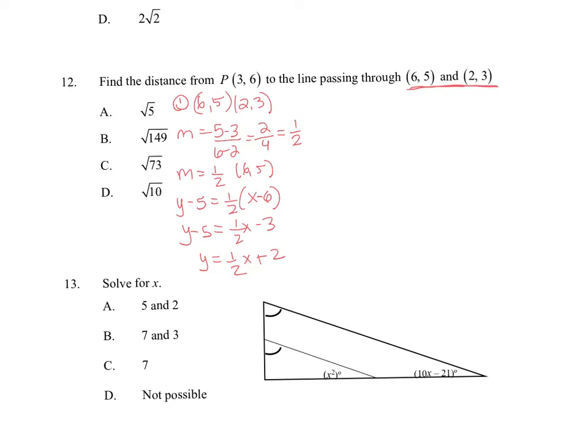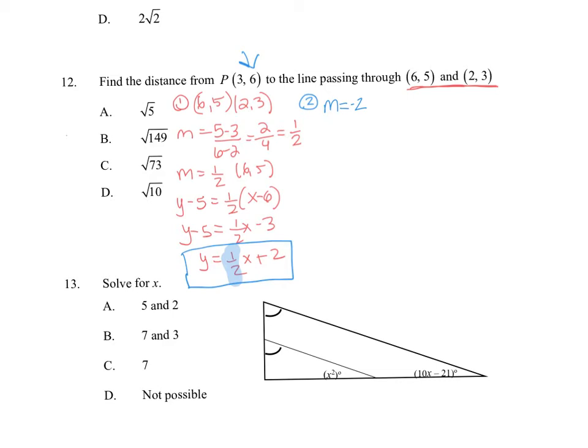Second step, we want to write the equation of the line through this point that is perpendicular to this line. So if the slope here is 1/2, then the slope that I'm going to use is the perpendicular slope, which is -2.